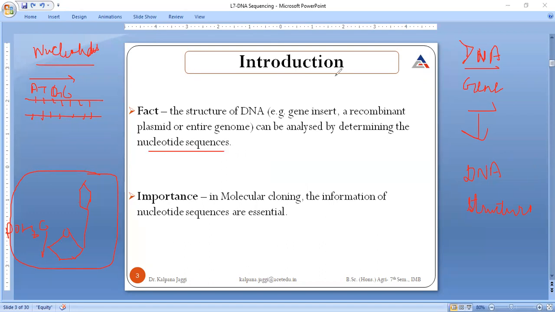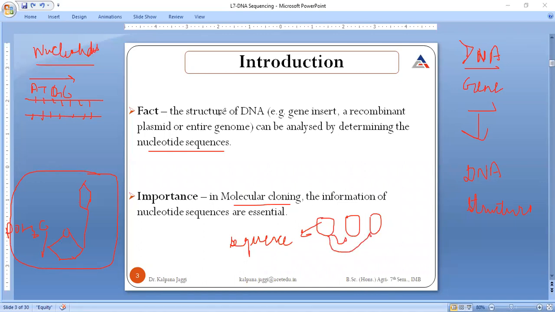For example, we often say we are going for molecular cloning. Molecular cloning means we are making multiple copies of a single molecule. If we are to create multiple copies of any molecule, what is the basic need? We need to know its sequence. Obviously, we need to know its sequence. Then only can we go for making multiple copies.